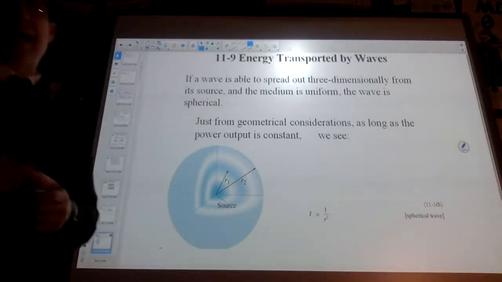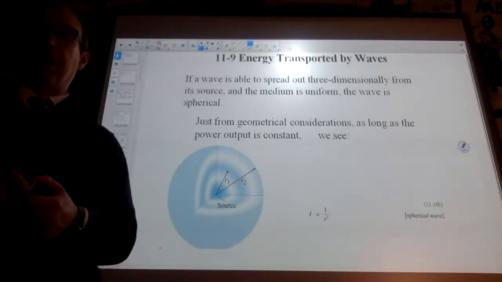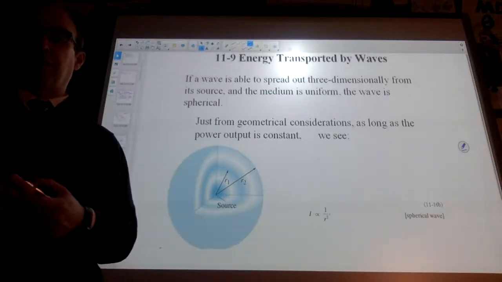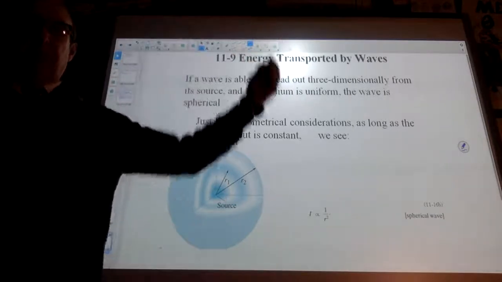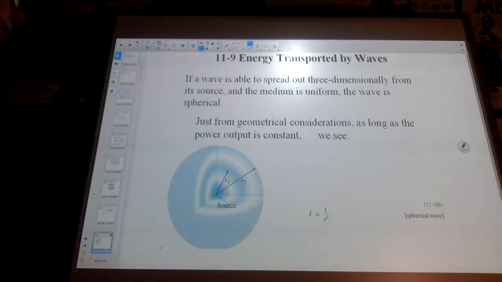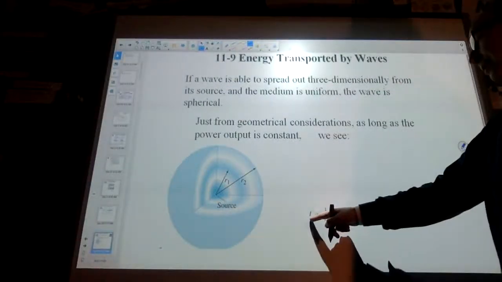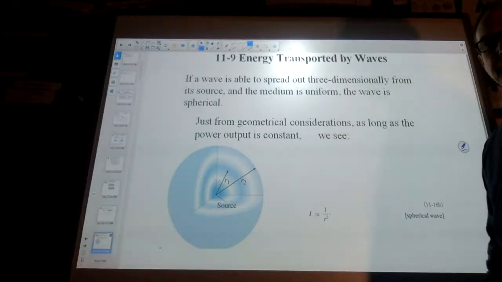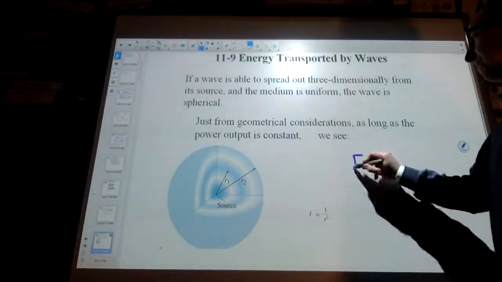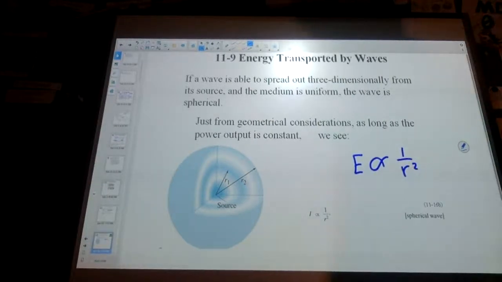I kind of think about it as, if you guys remember the Justice League, when Aquaman is summoning all the animals in the ocean, and he sends out the thing and it radiates out in all directions from him. In this case, the energy is proportional to 1 over r squared, which we're going to see shows up a lot.